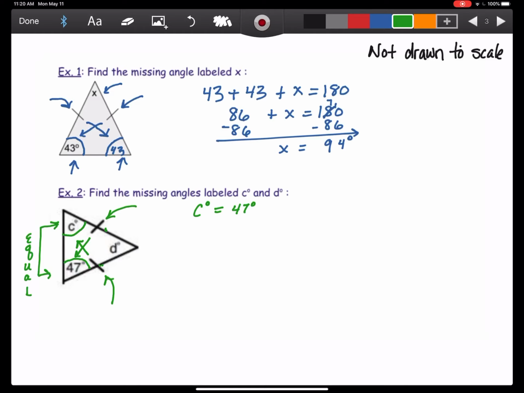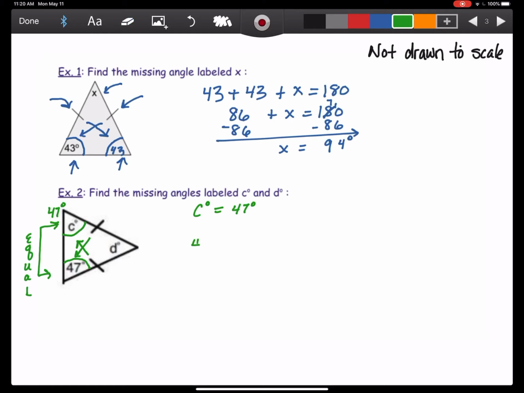Well, if C is 47 also, okay, now we know 2 out of the 3 inside angles, okay? So I'm going to get rid of these arrows because we're not worried about those sides anymore. If we know that we have 2 of the 3 interior angles, we can do what we did above.